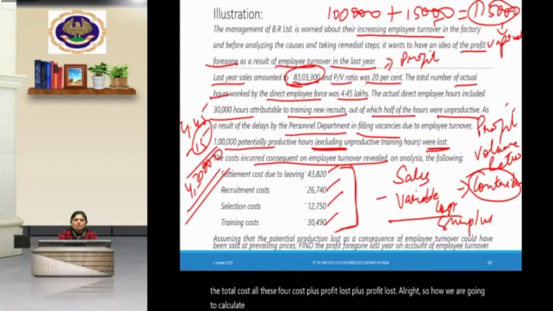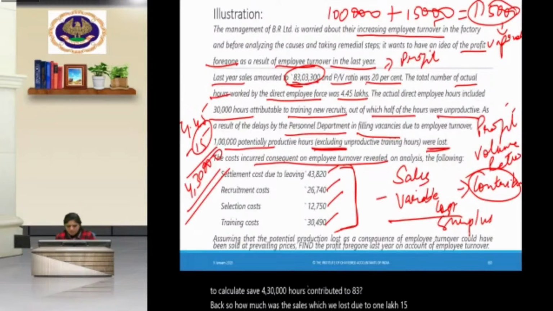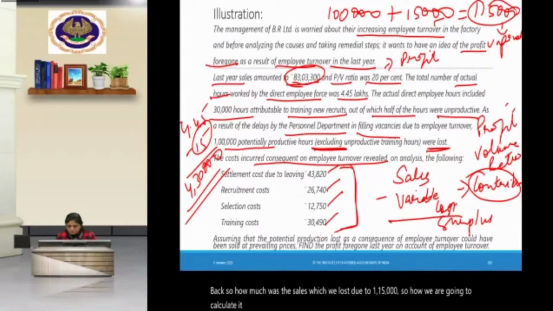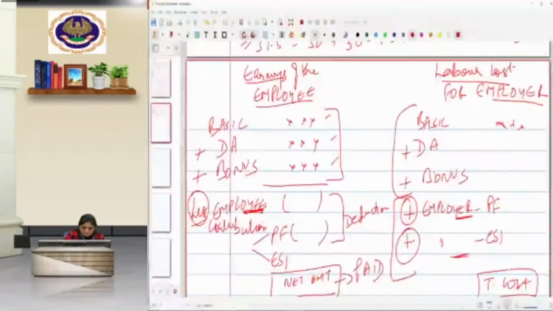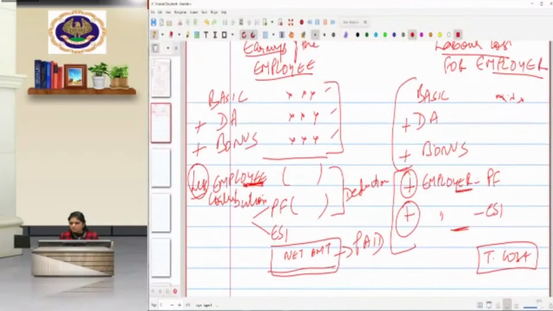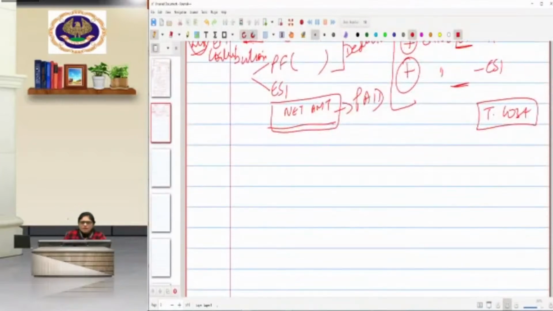See, 4,30,000 hours contributed to 83 lakh. So how much was the sales which we lost due to 1,15,000? How are we going to calculate it? I'll just explain here. All right.